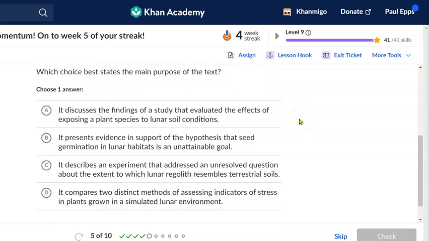A, discusses the findings of a study that evaluated the effects of exposing a plant species to lunar soil conditions. It's not a bad answer. B, presents evidence in support of the hypothesis that seed germination in lunar habitats is an unattainable goal. No, doesn't go that far.